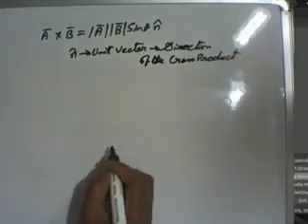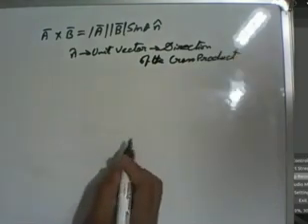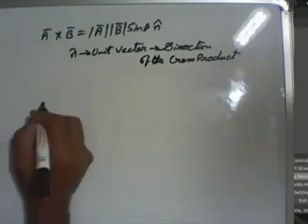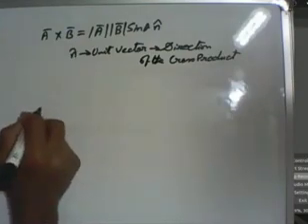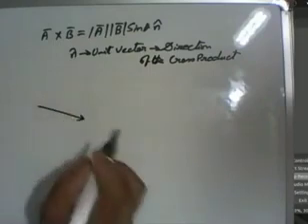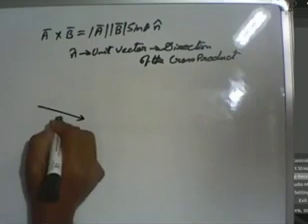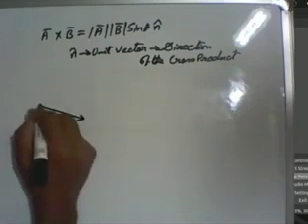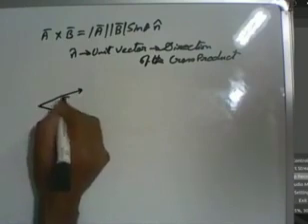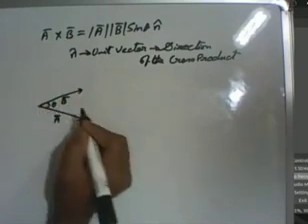Right? It gives the direction of the cross product. So if I have two vectors, let me say A along this direction and B along this direction, this is the angle theta.